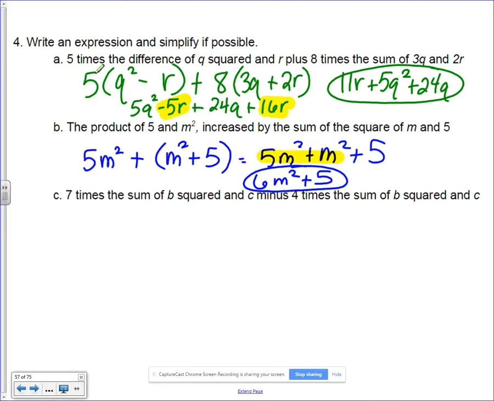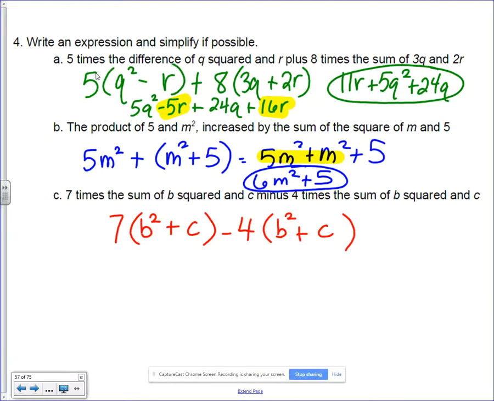All right, one more. 7 times the sum. So how should I start this one? Parentheses, right? For times the sum. B squared. And C. Minus 4 times the sum. So how do I show that? And it's a sum again.